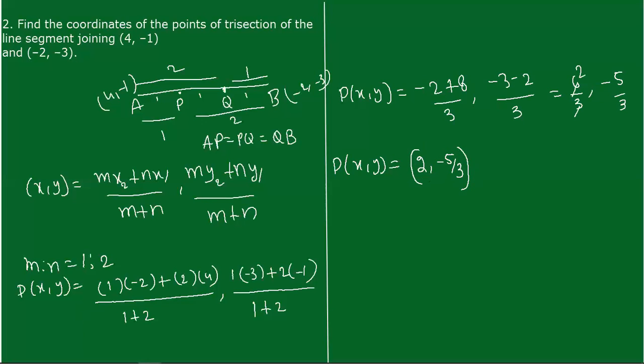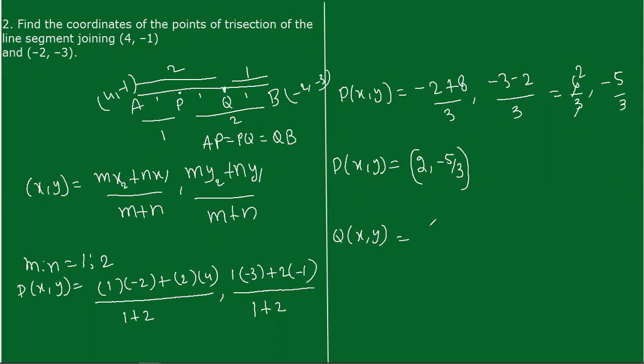Now let's find the Q point. The Q point divides the AB line segment in the ratio 2:1, right? So let's take Q as (x, y) again, and the formula is the same.